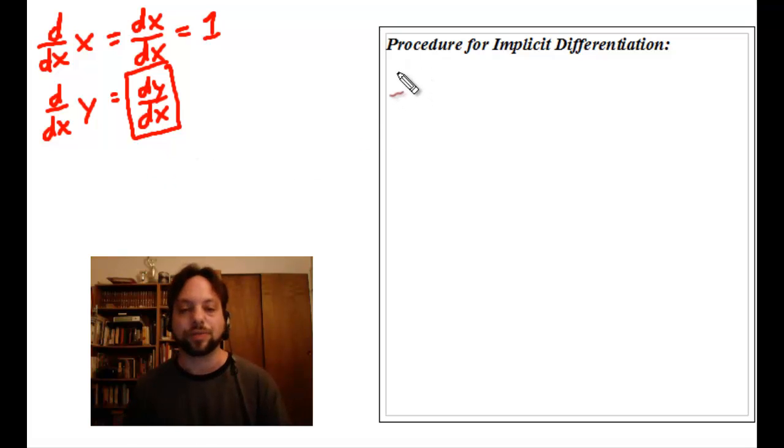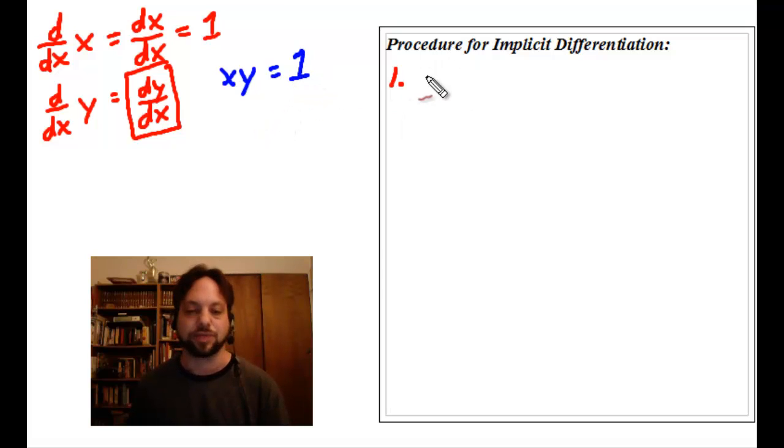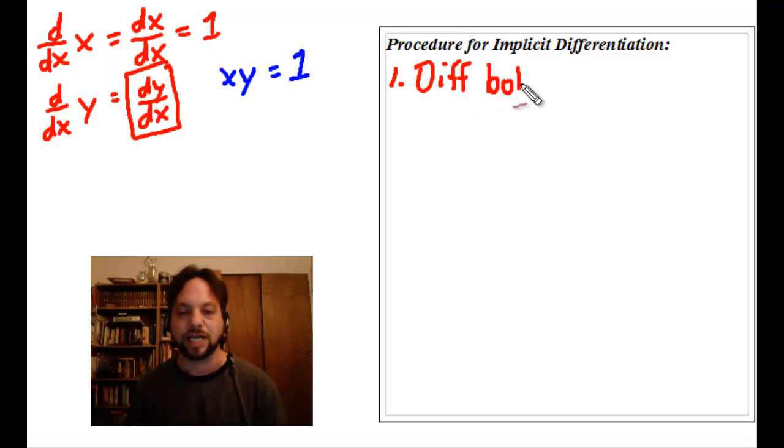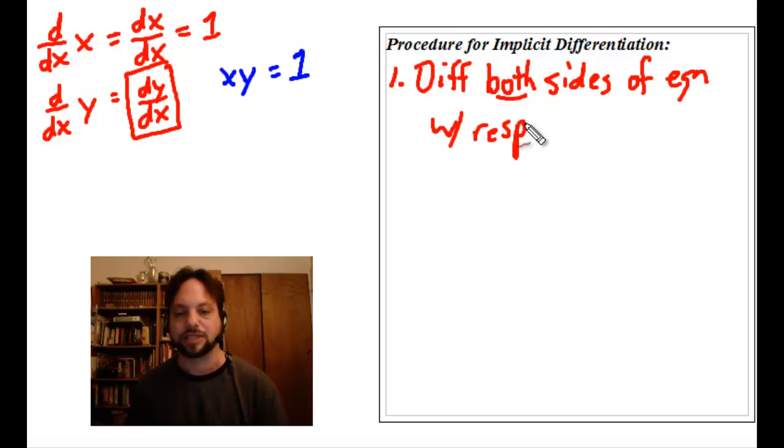So, to do implicit differentiation, we'll work out this example as we go along: the implicit function xy equals 1, which we took a look at just a minute ago. The first step for implicit differentiation is that we have to differentiate both sides of an equation, and we have to do that with respect to x. That's no different than what we've been doing, but let's see how that would treat us here.